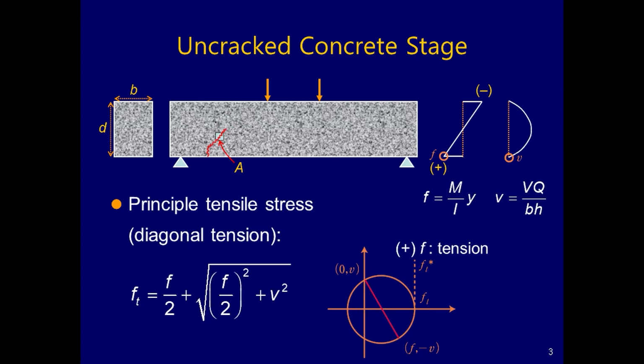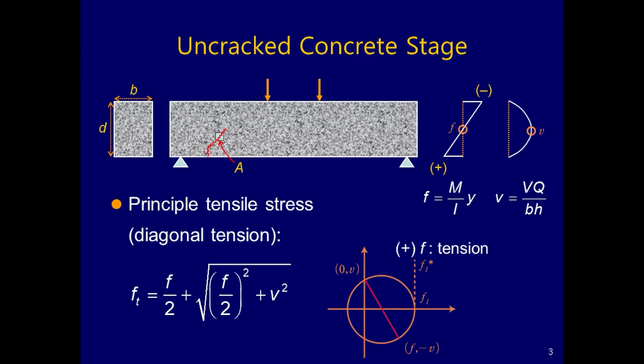If it's at the CGC level, you have a maximum shear stress, but then F is 0. Then you've got to rotate the point to the principal tensile stress with a 90 degree in the Mohr circle. Then on the beam it is a 45 degree angle.